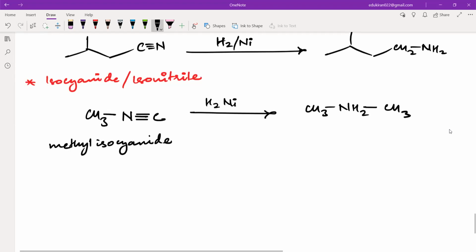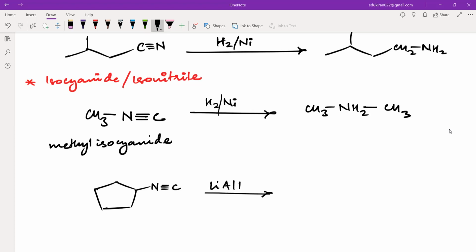If I have CH3 bonded to nitrogen, which is triply bonded to carbon atom, you will have NH, not NH2, and CH3, because nitrogen will have 3 bonds and it will have 4. So here we will have NH, CH3.